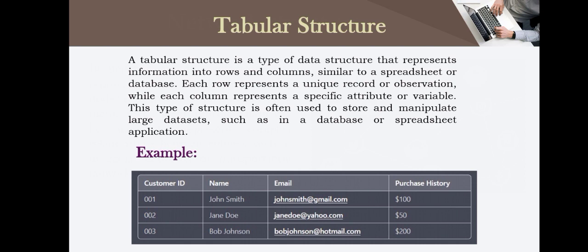In this example, each row represents a unique customer, while each column represents a specific attribute or variable. The customer ID column is used to uniquely identify each customer, while the name, email, and purchase history column represent different attributes of the customer.